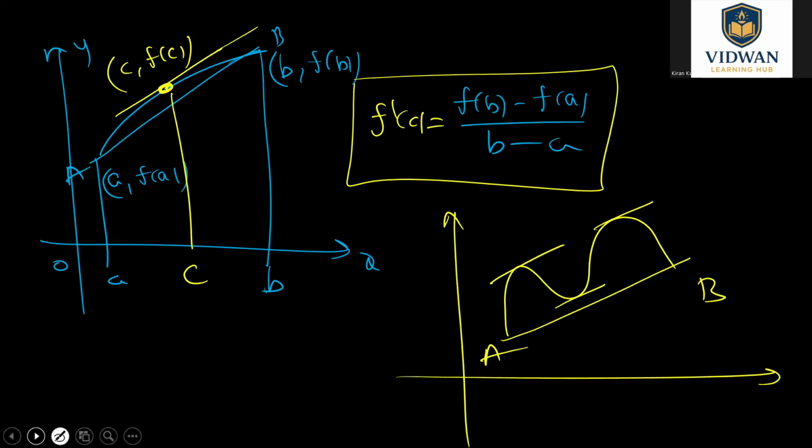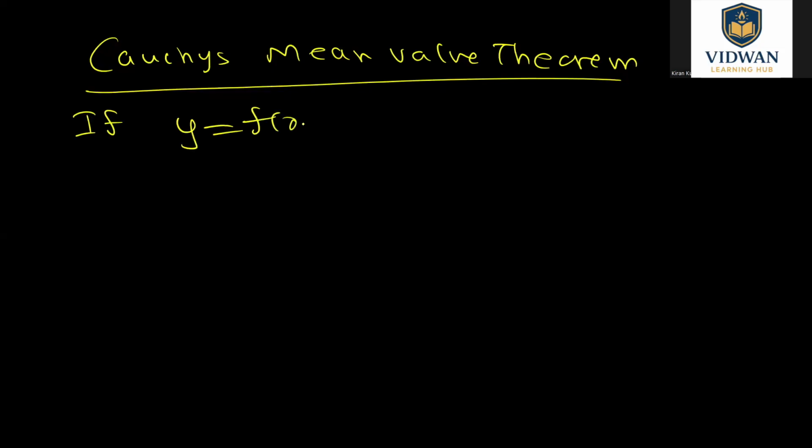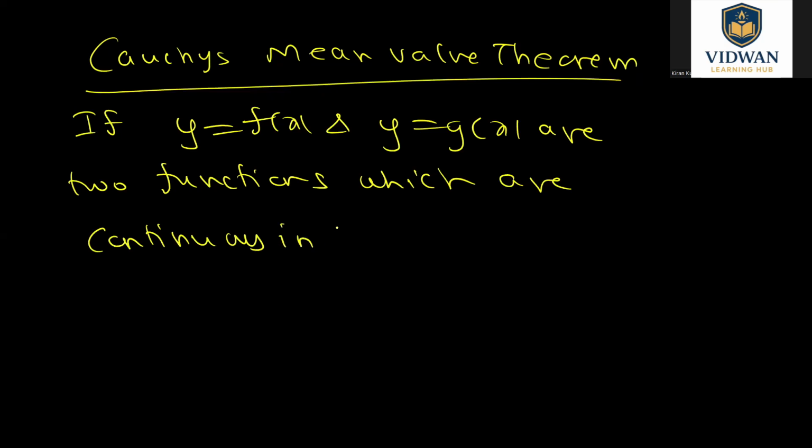So then we have one more theorem, Cauchy's mean value theorem. So this is same as the previous theorem. What we wrote for one function, we are going to write for two functions. So you can say if y equal to f of x and y equal to g of x are two functions which are continuous in closed interval AB.